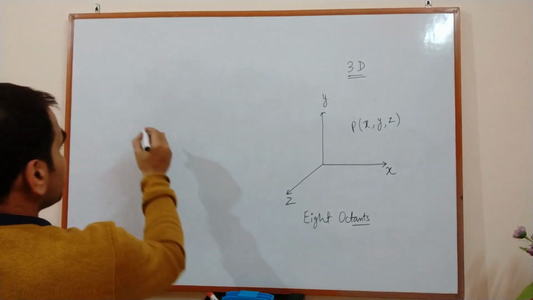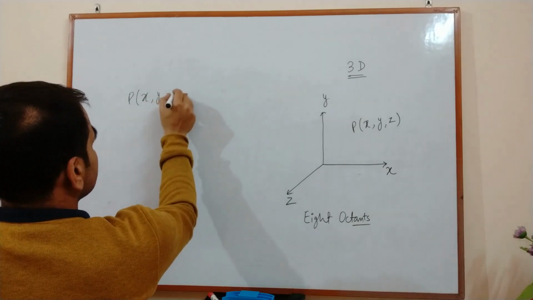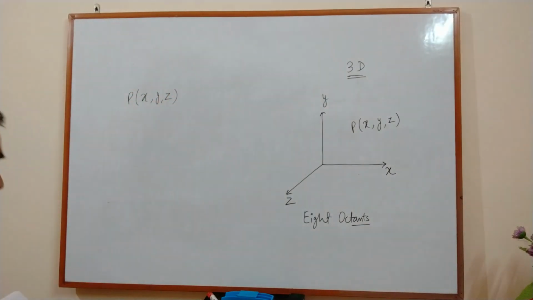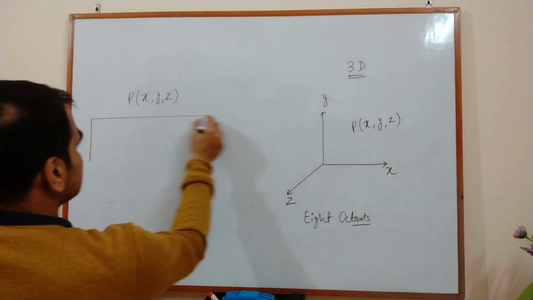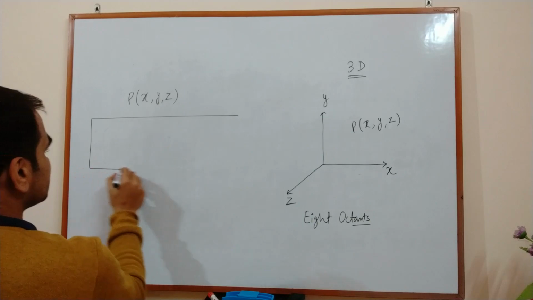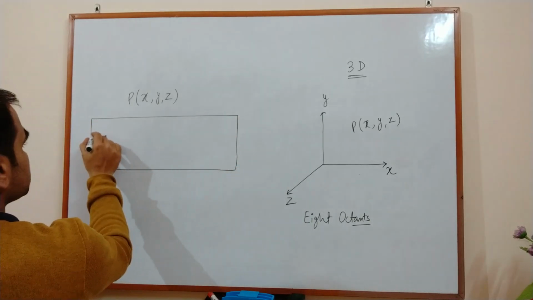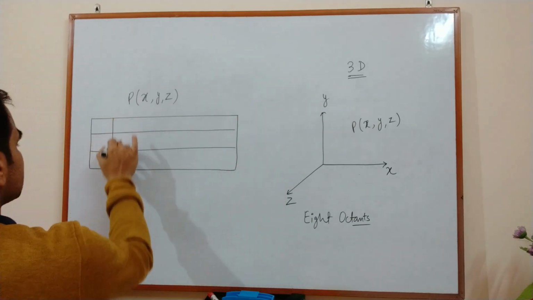Next, let's discuss these octants. If you have a point P and you want to check in which octant this point lies, there is a very simple table. You just need to check the sign values of x, y and z, and based on that you can find in which octant this point lies. The table is something like this.